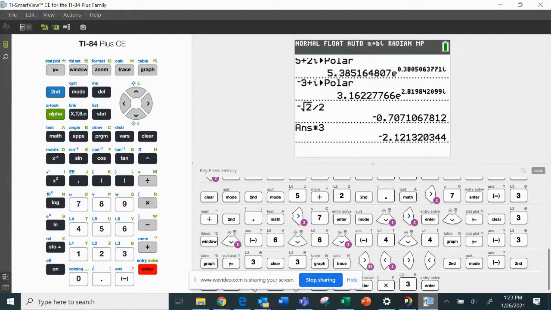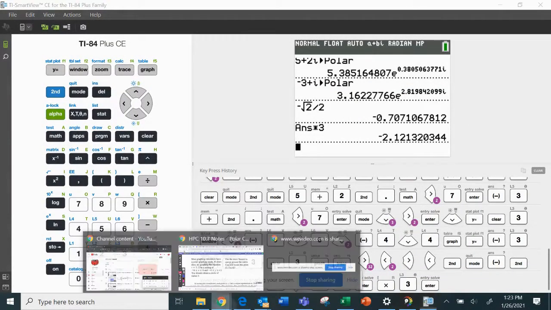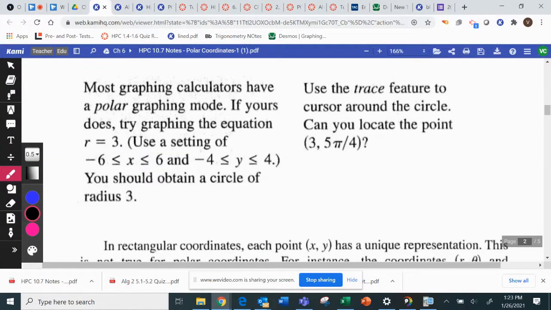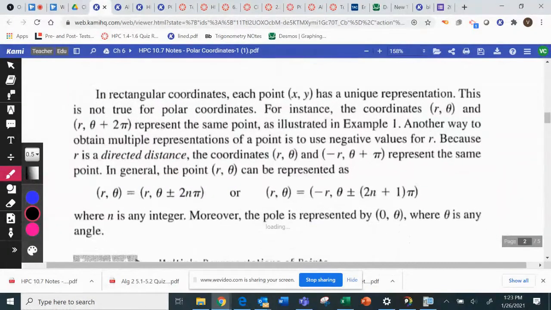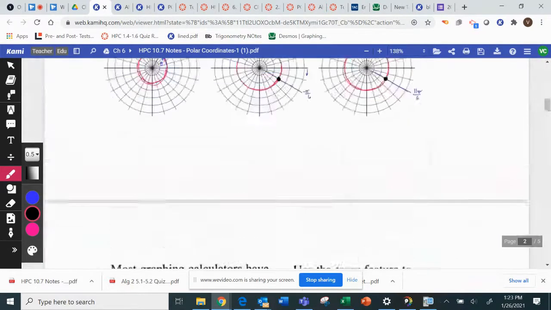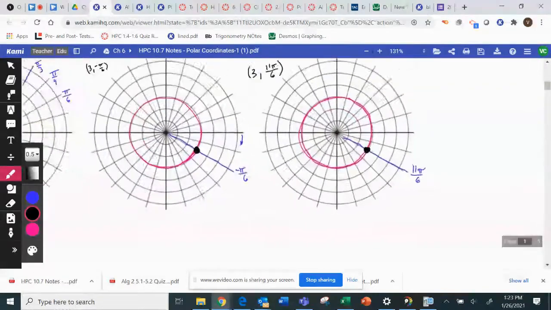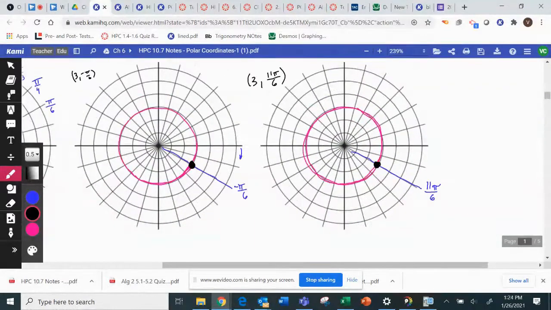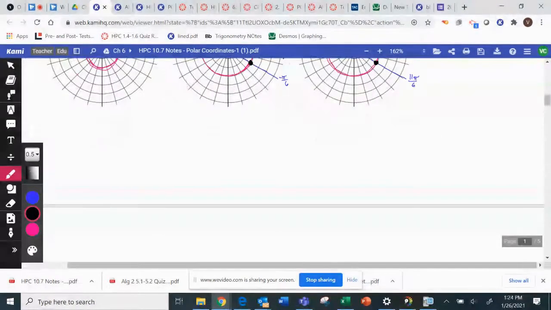Okay, going back to the notes. So what we saw on the first page is that there can be multiple different ways of writing the ordered pair for the exact same location. So we're going to actually find some of those different ordered pairs.